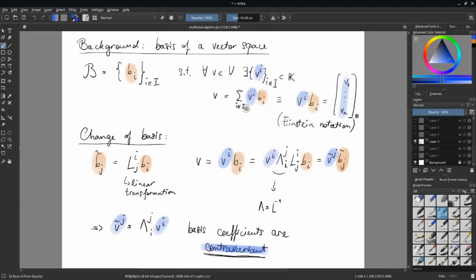And it has to be unique, so not every set of vectors will satisfy this. The next thing is, instead of writing this sum over i in some set I of indices, it could be i from 1 to n, just the same.